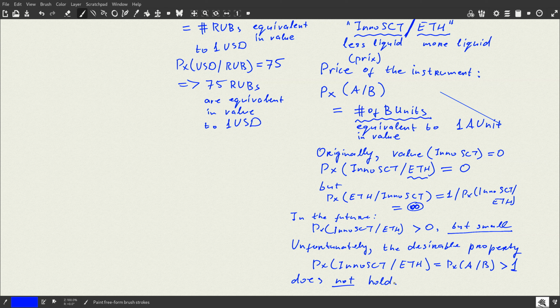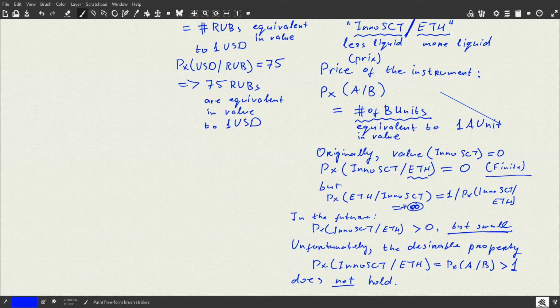If we choose it as INCT to Ethereum, then we do have finite prices always. So it could be 0, but it would not be infinity. So it is finite. But if it is not 0, then it is a small value, and the desirable condition, that it is greater than 1, doesn't hold.